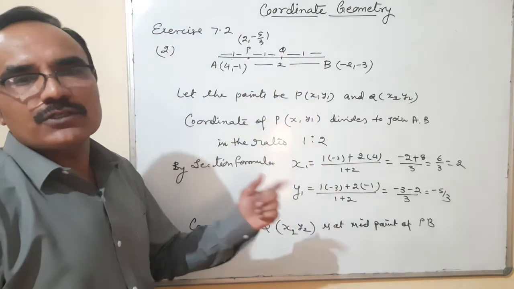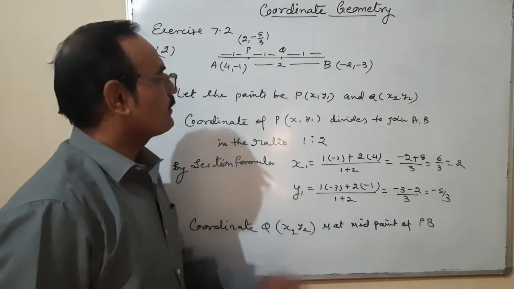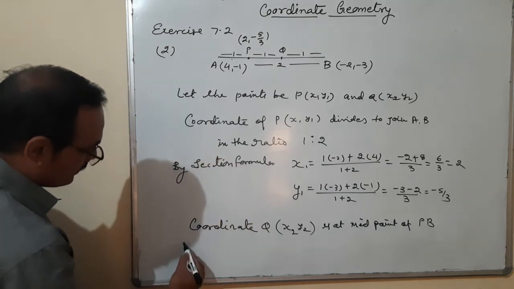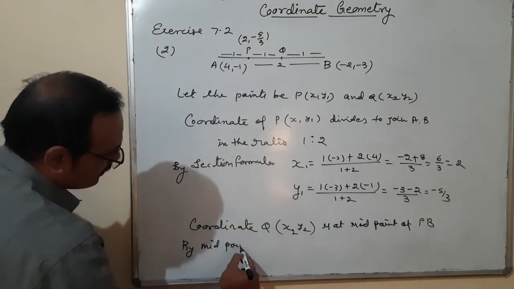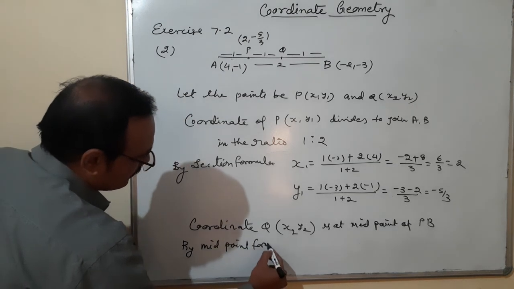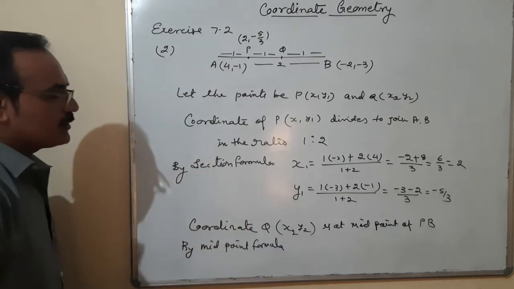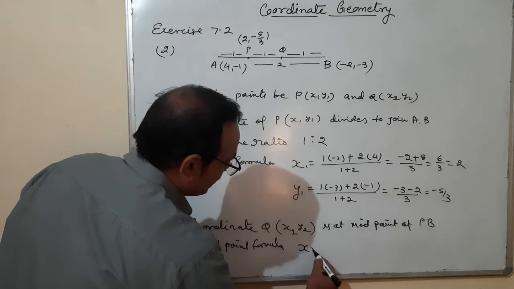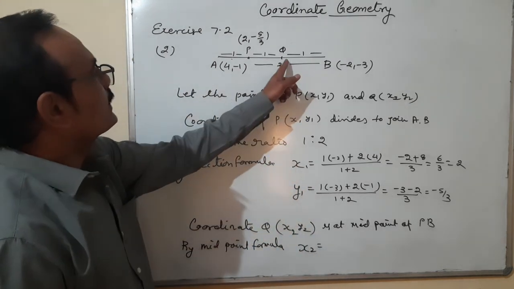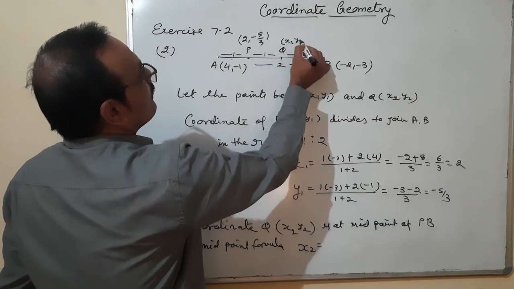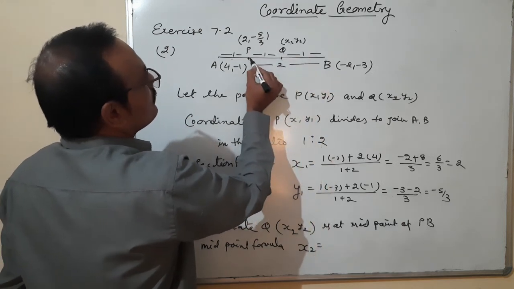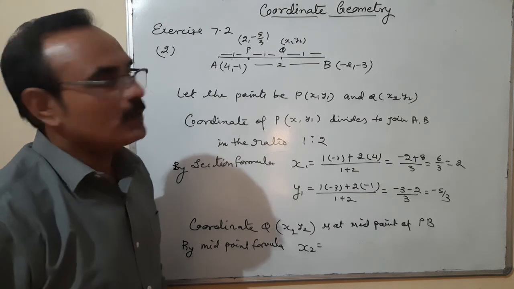So here we can directly use the midpoint formula. By midpoint formula, x2 is equal to x1 plus x2 upon 2.